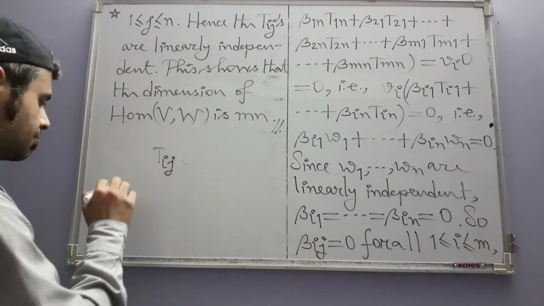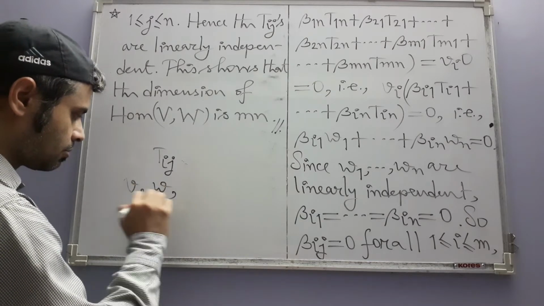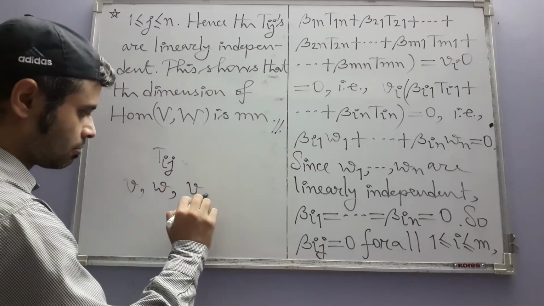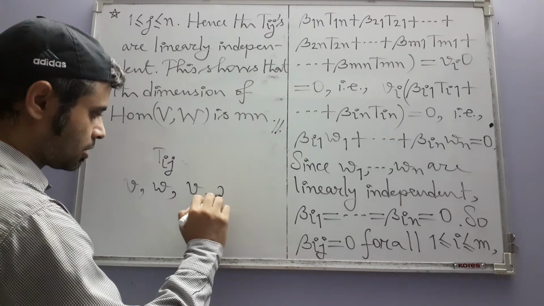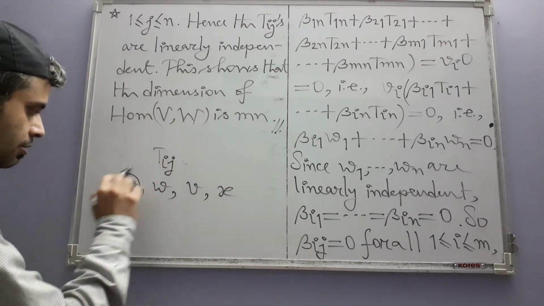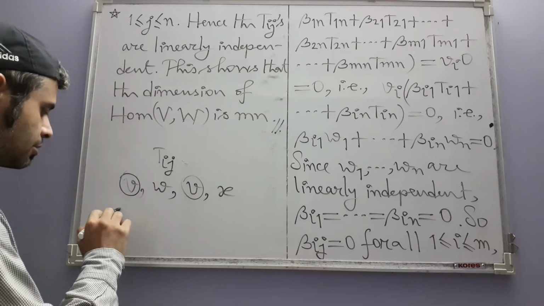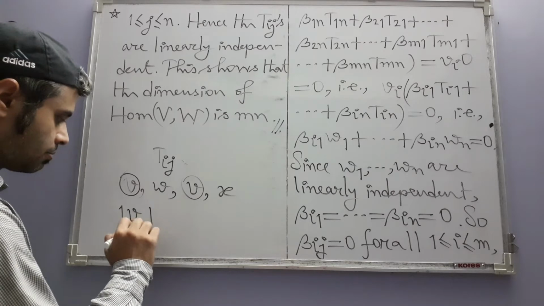It's like having something like this. Say these are 4 vectors where there is a repetition. So what you do, you consider this linear combination.